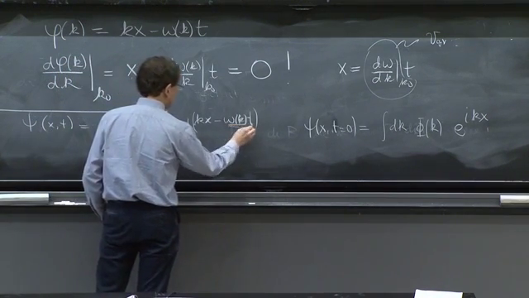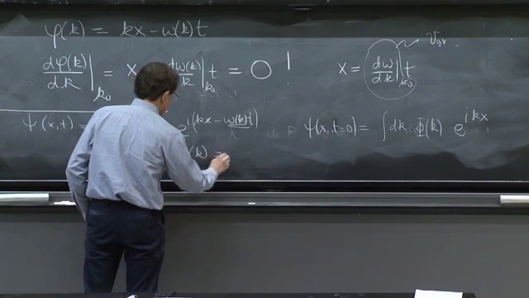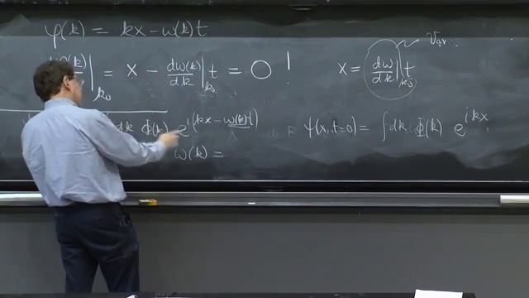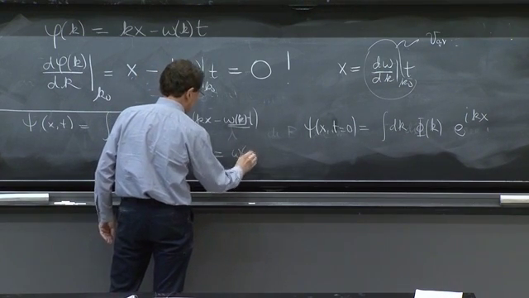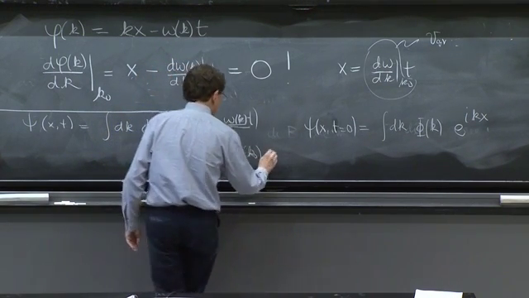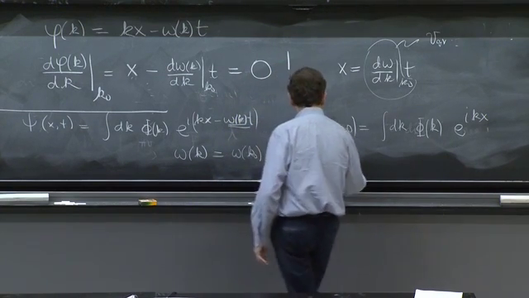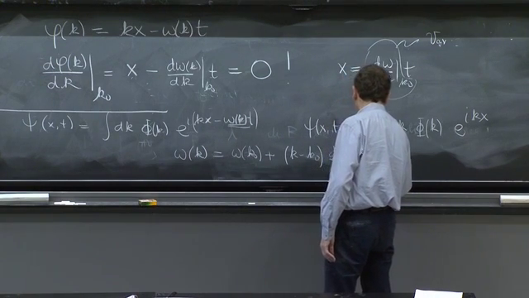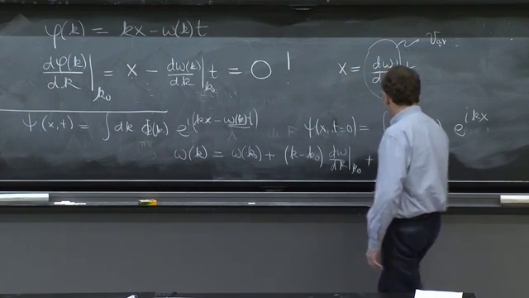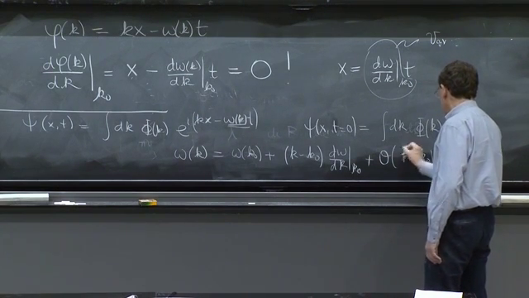And I will approximate omega. Omega of k, since we're anyway going to integrate around k naught, let's do a Taylor series. It is omega of k naught plus (k minus k naught) times the derivative of omega with respect to k at k naught, plus order (k minus k naught) squared.